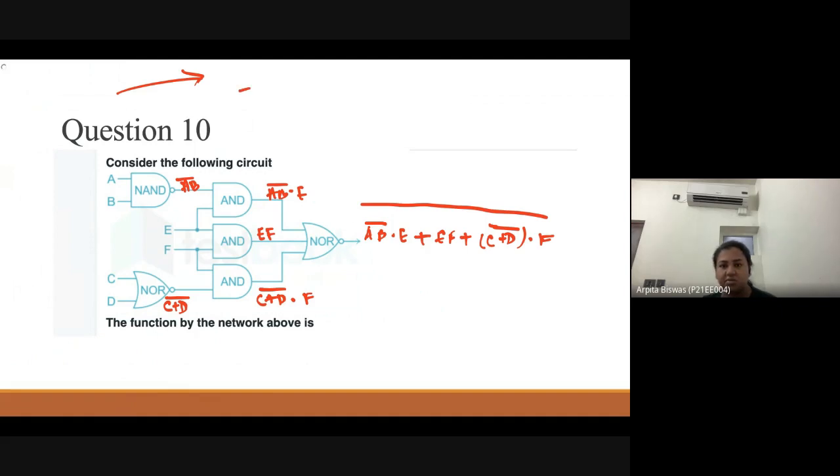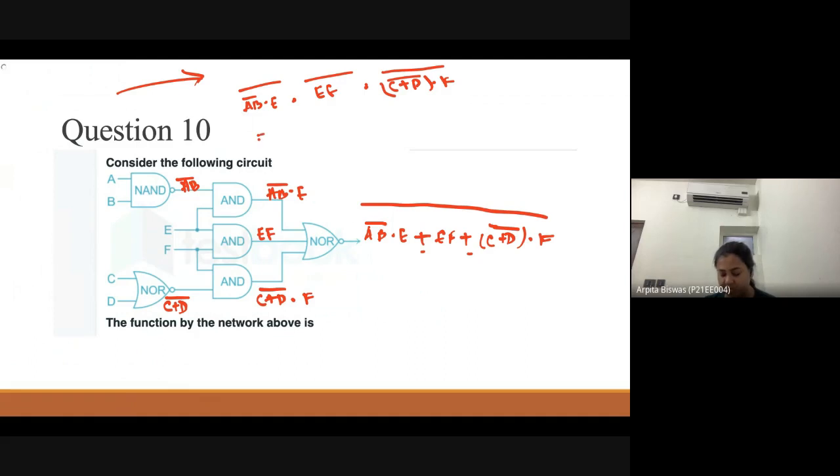At first, we can write A B bar into E, with the plus replaced by this dot, then E into F. Then plus is replaced by this dot, and it is coming C plus D whole bar into F.